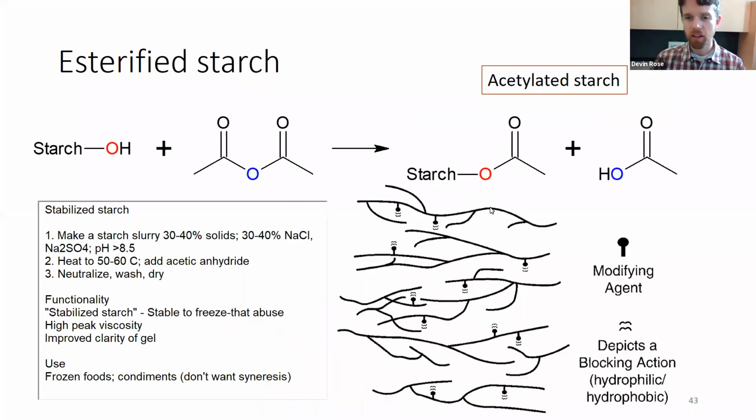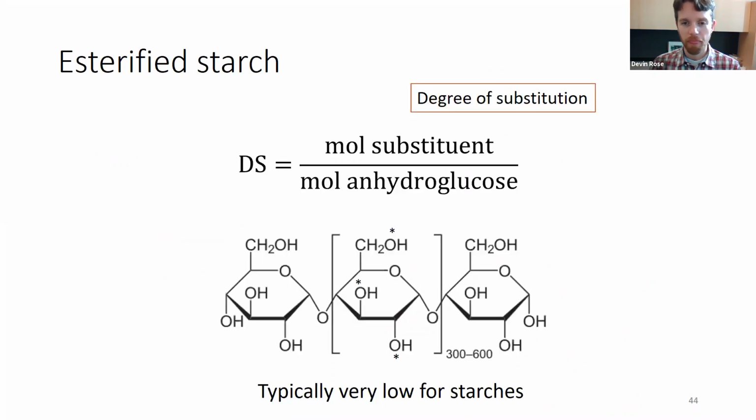And so that's kind of shown here. We just have one of these for every 11 or more glucose units. So not extensively substituted, but nevertheless changes the functional properties a lot. And we'll see that for all of the other modifications, the degree of substitution is even less than 0.09.